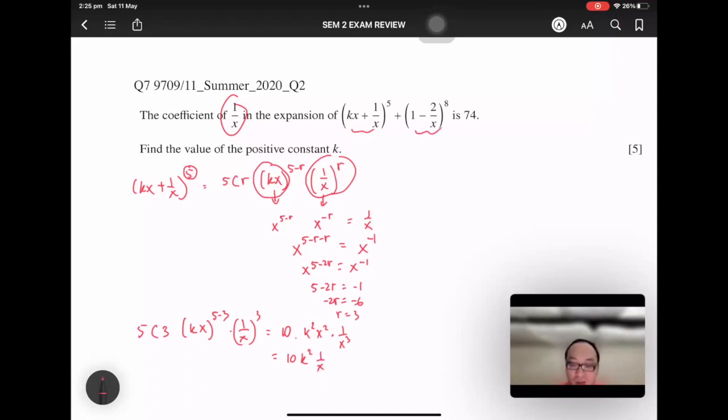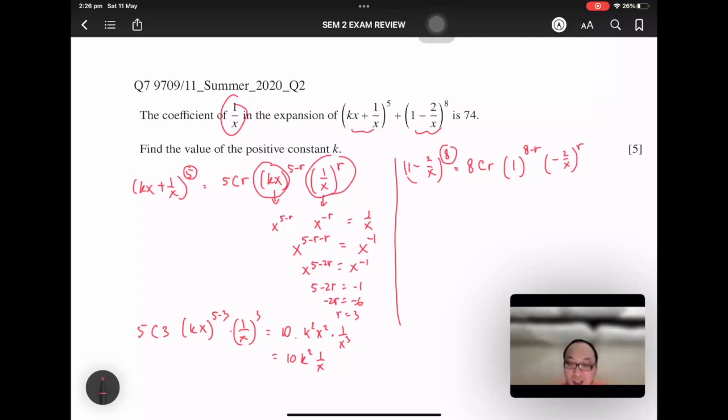Now from the second term, (1 − 2/x) to the power of 8. So the formula has n equal to 8: 8Cr, 1 to the power of 8 minus r, and (−2/x) to the power of r.